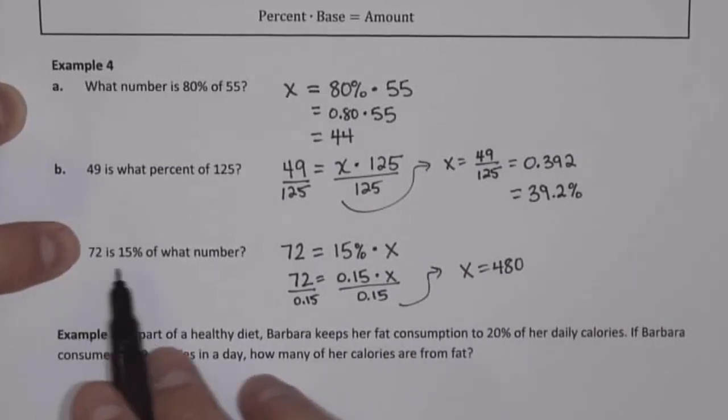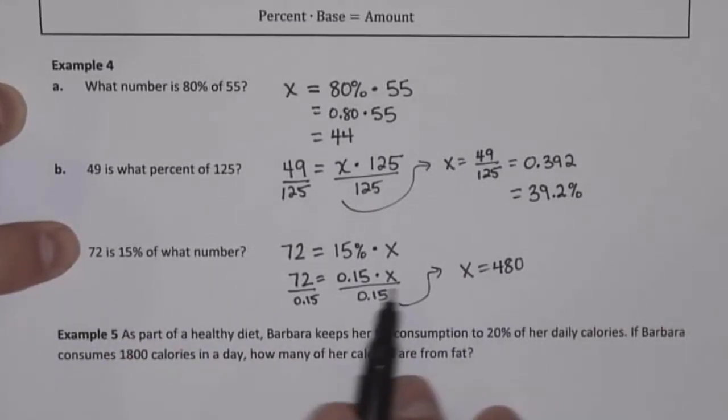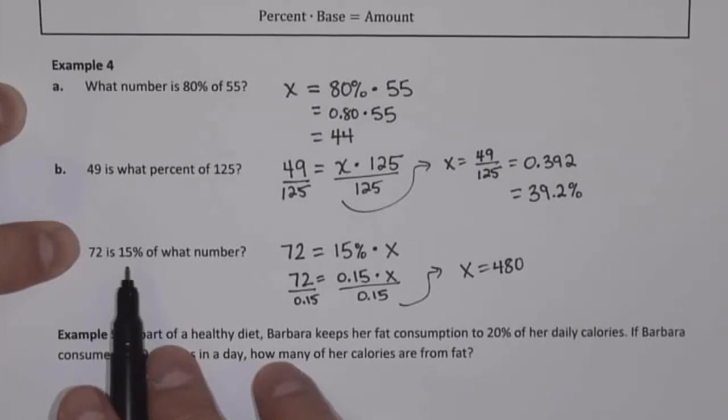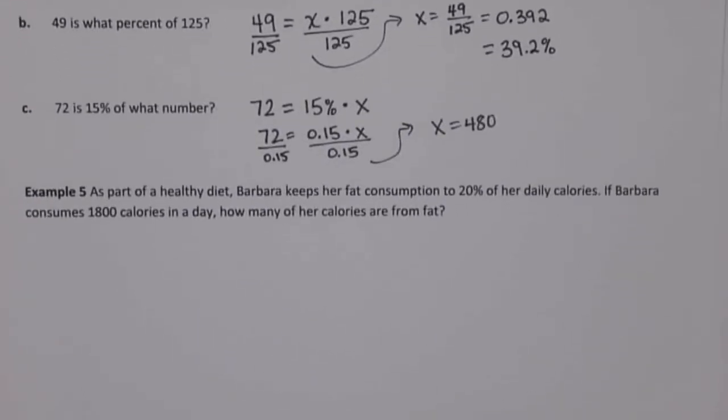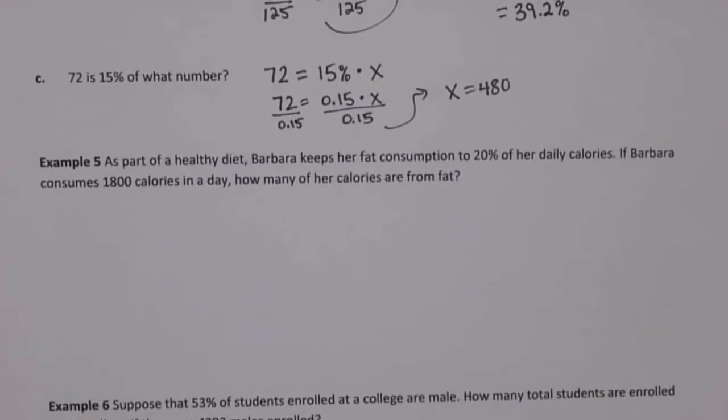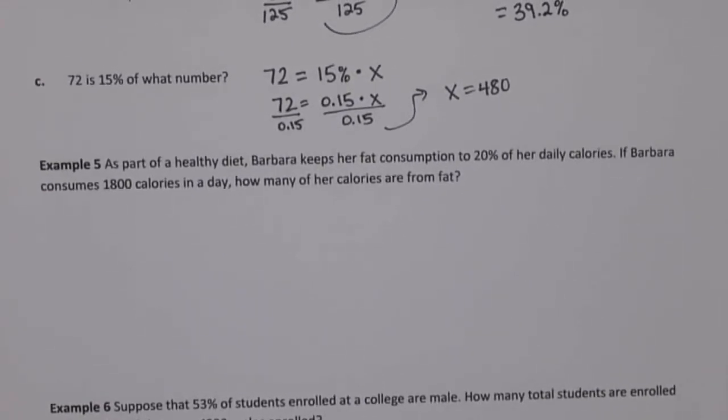So 72 out of 480 is equivalent to 15%. In other words, it's equivalent to 15 out of 100. So we can use this percent equation idea to solve different percent application problems.